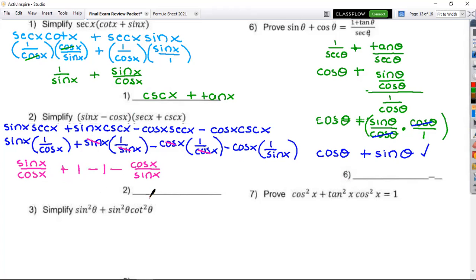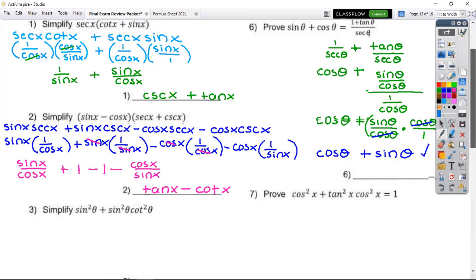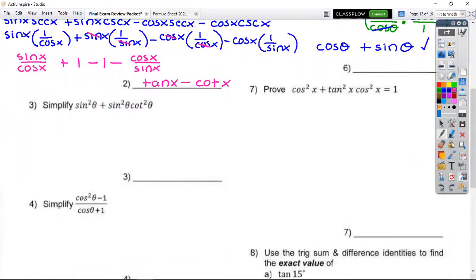And then my answer, so sine over cos is equivalent to tangent, and then cos over sine is equivalent to cotangent. There you go. So there's your simplified version. Okay, how do we feel on that one? Again, the more familiar and the more you work with those reciprocals, the easier they become. So just keep doing them, and it'll become kind of intuitive.